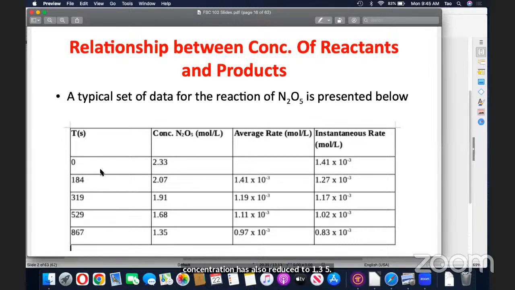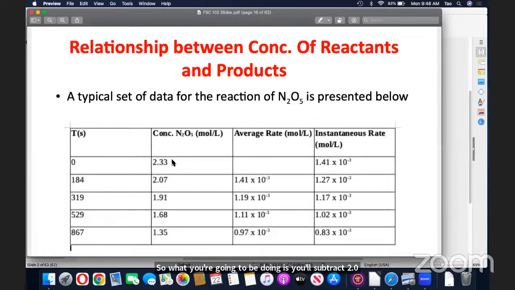Now, what is the rate when you move from 0 time to 184 seconds? That is, after 184 seconds, what is the rate of reaction? What that means is that you subtract 2.07 from 2.33.